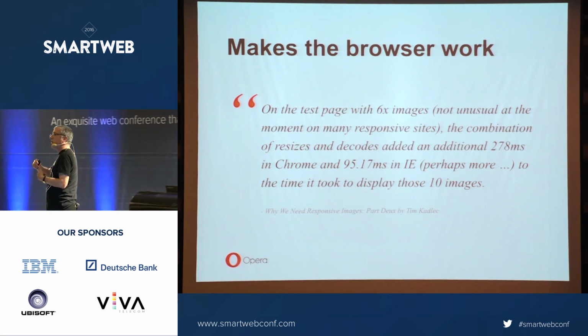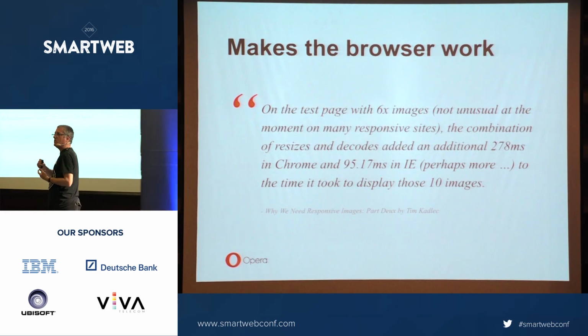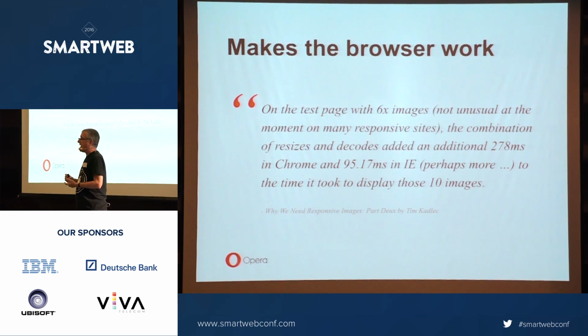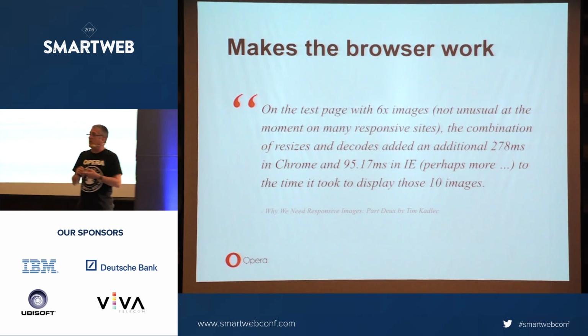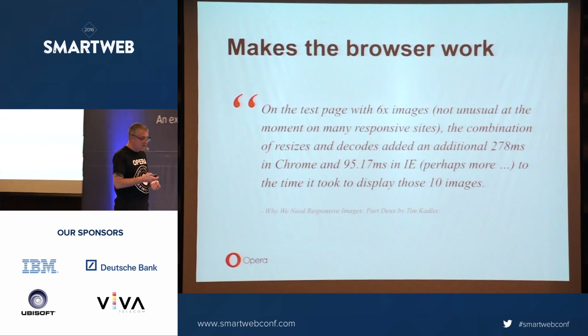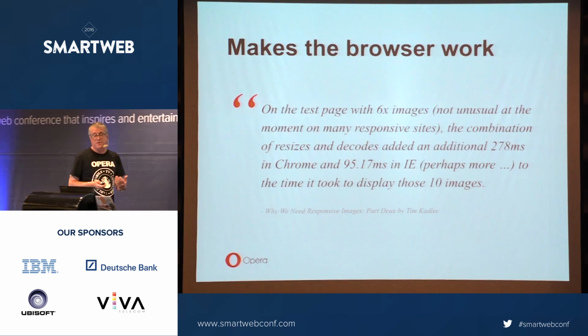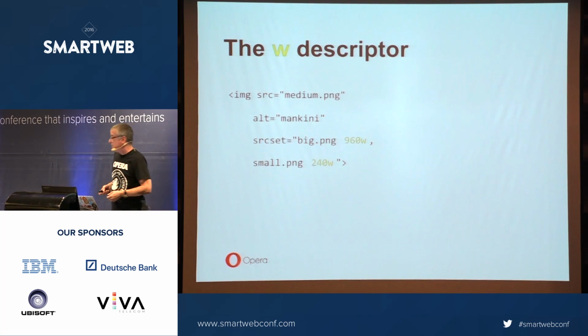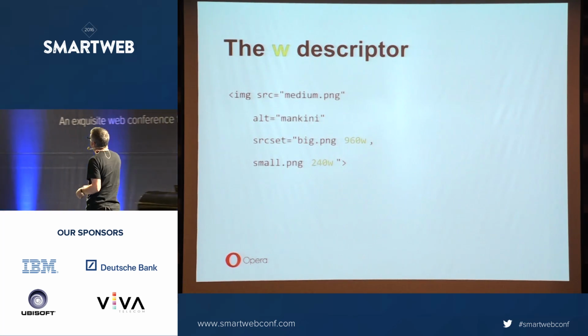So it's not only wasting time, but it's also wasting CPU cycles, and CPU cycles means battery. And it doesn't matter how great your site is, if your user's battery disappears because they're decoding your images, they will not come back to your site. So the second use case for responsive images is stretchy images. And we do it like this.